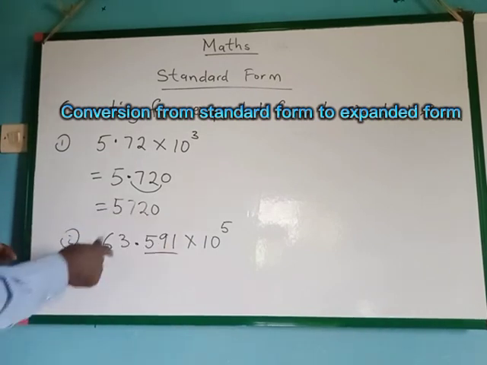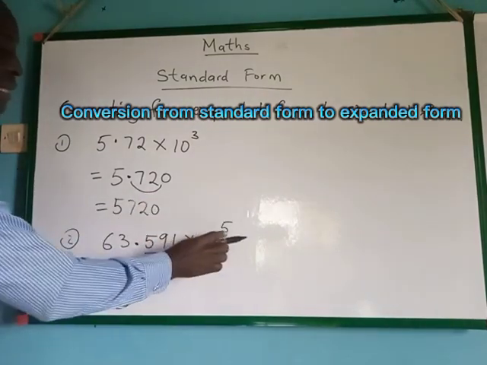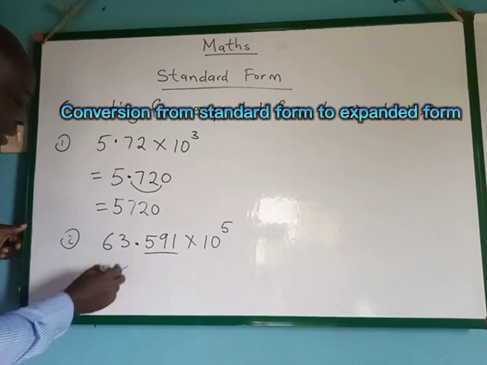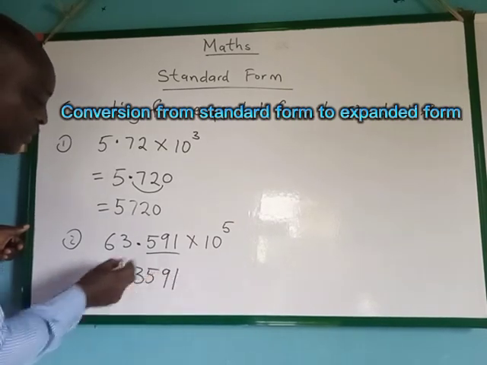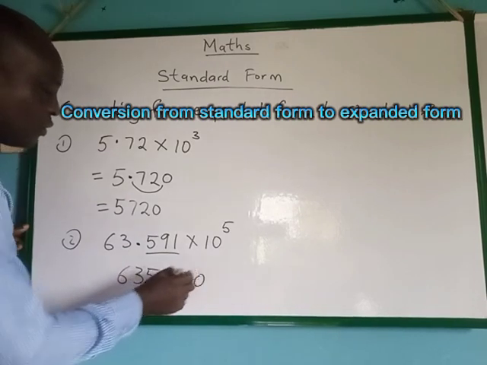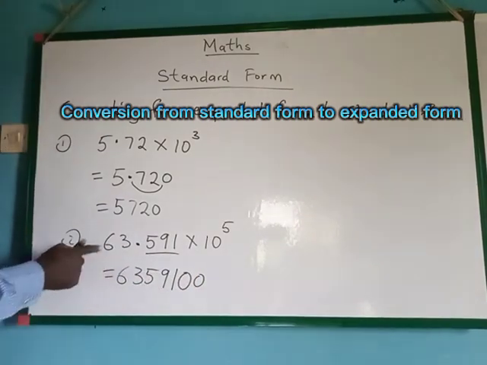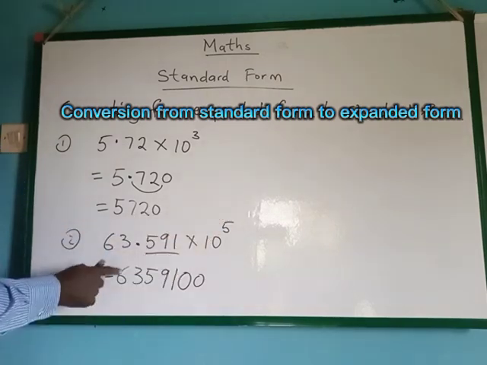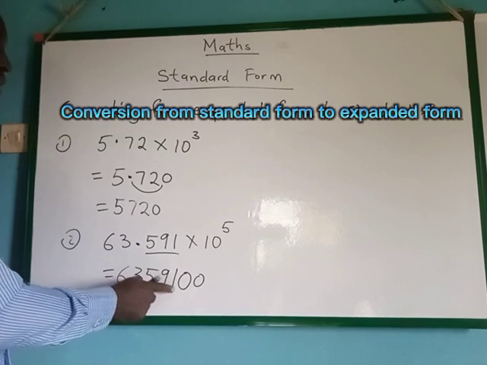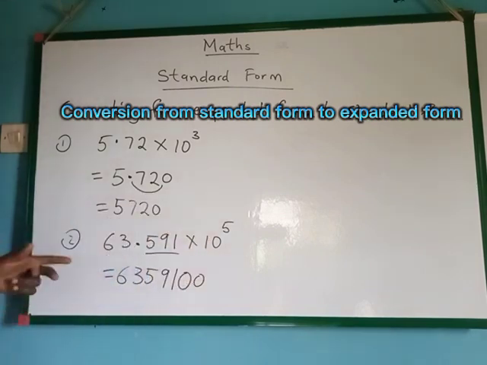So to complete it, you must add 2 zeros to make it 5. So this number becomes 63591, that is the original number, and I add 2 zeros to make it 5. So 63.591 times 10 raised to power 5 is 6359100.